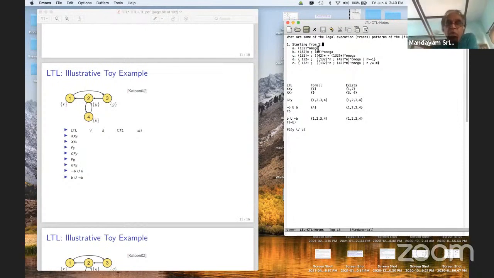132 to the power of omega. Omega means that the pattern is repeated infinitely. Whereas star in regular languages means finite, 0 or more repetitions. Omega means that it is repeated infinitely. So you can do 1, 3, 2, and then keep repeating that pattern.